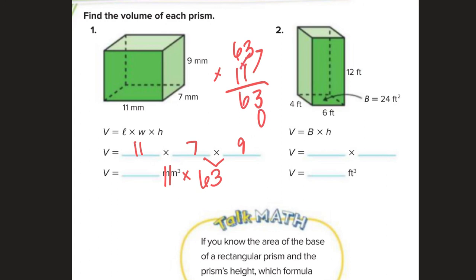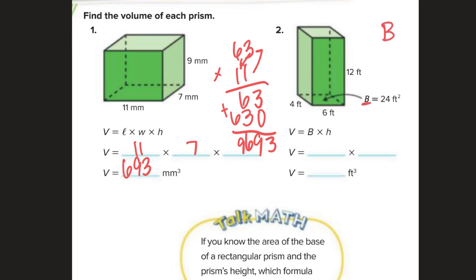Get my 0. 1 times 3. 1 times 6. 693 millimeters cubed is what we get.